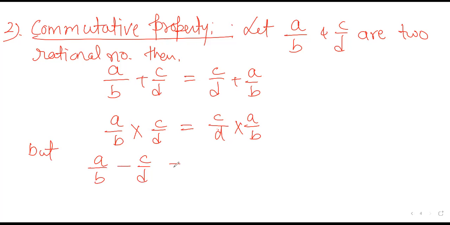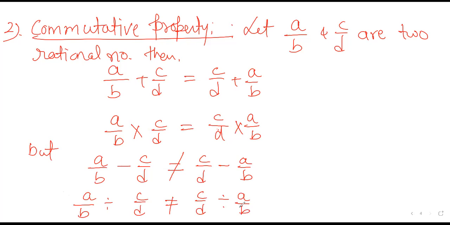Means a upon b minus c upon d is not equal to c upon d minus a upon b, and a upon b divided by c upon d will not be equal to c upon d divided by a upon b. So you can verify these things with the help of examples.